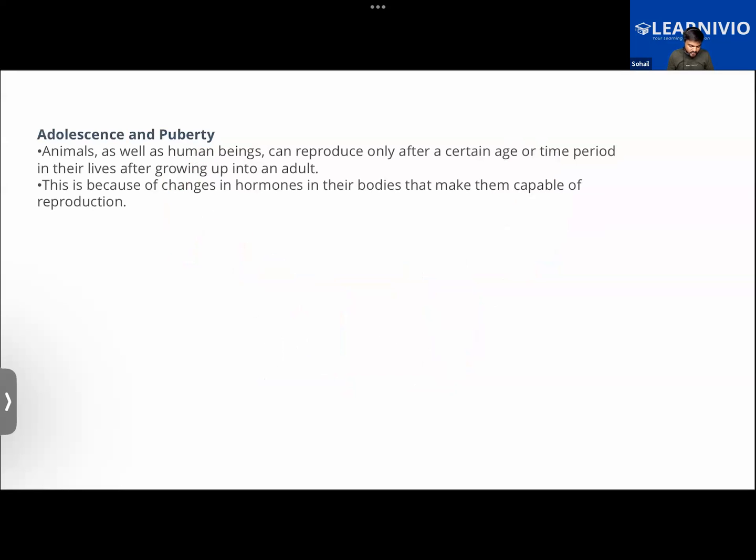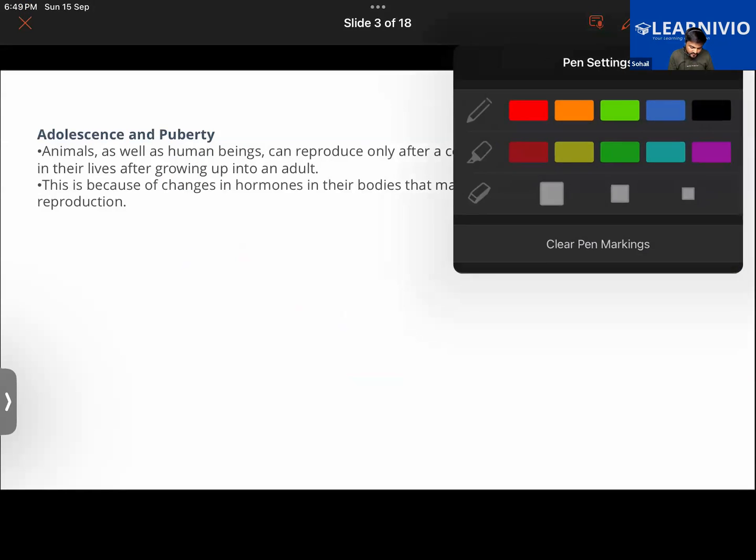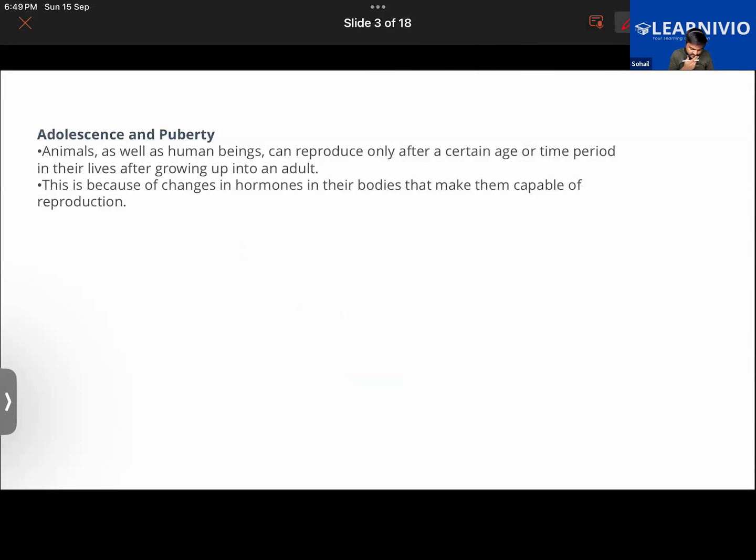Let us understand adolescence first of all. This is the basic thing we were discussing moments ago, that human beings can reproduce only after a certain age, after growing up into adults. This is because of changes in hormones in their bodies that make them capable of reproduction.